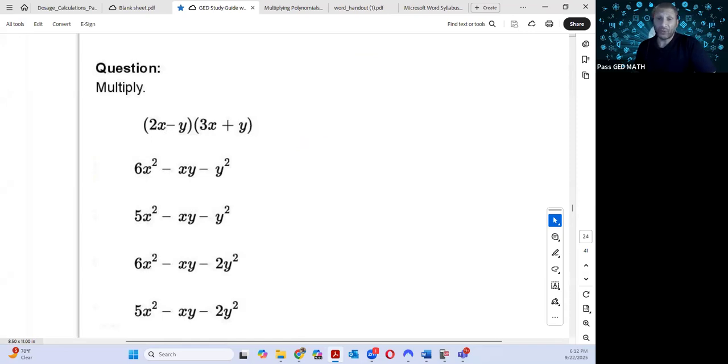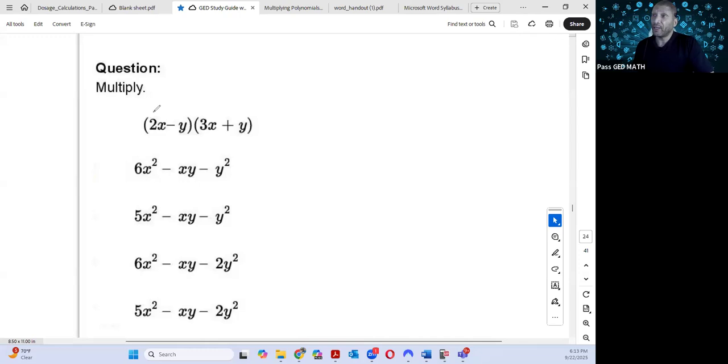Okay. So for me, when you have something like this, I'm trying to do this in as little time as possible. So the first thing I notice is my multiple choice. 2 of them have 6x squared. 2 of them have 5x squared.